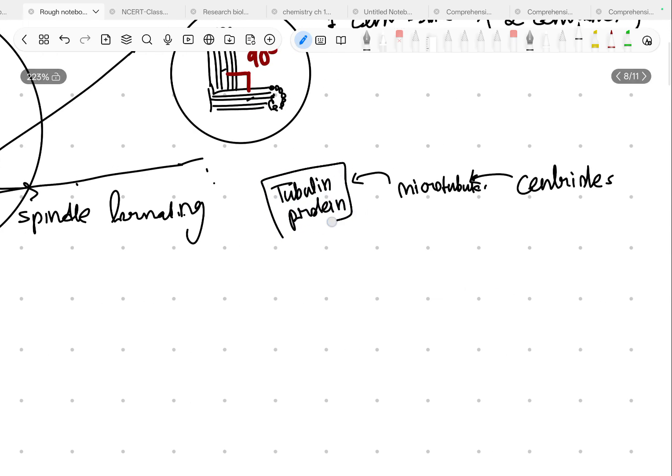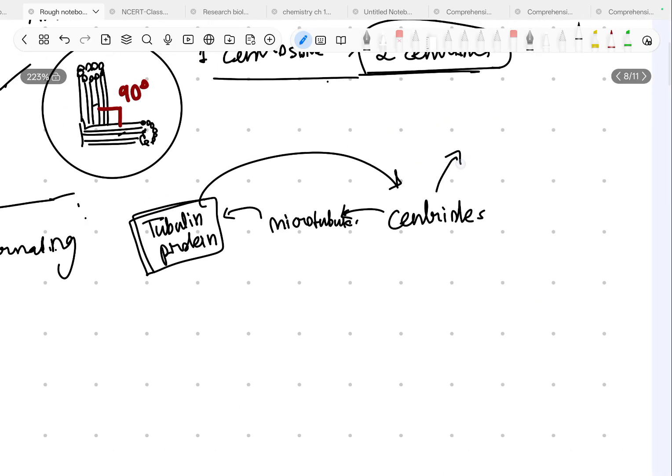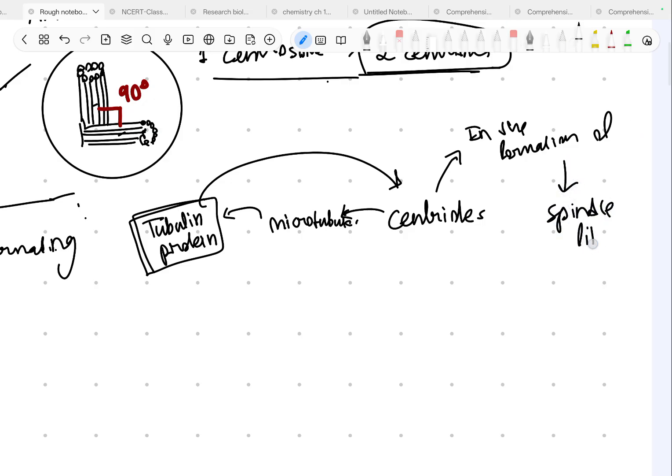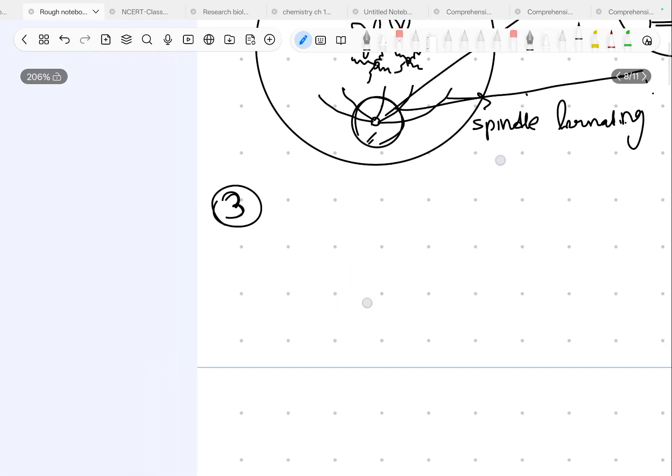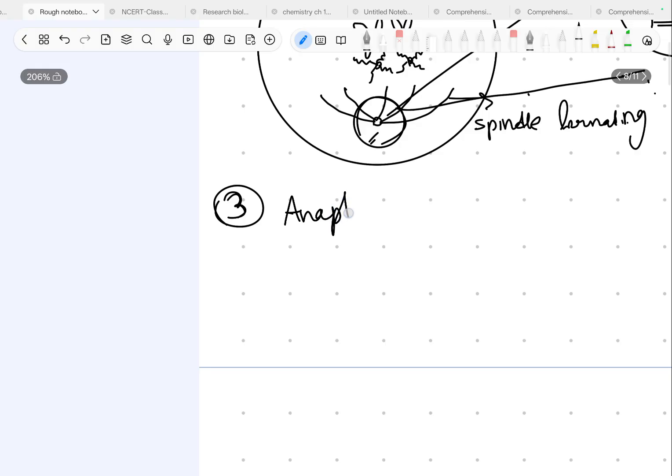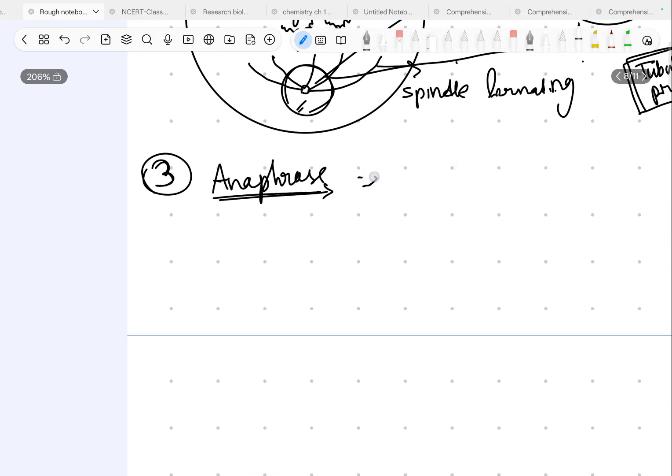The presence of this tubulin protein in the centriole helps in the formation of spindle fibers. Like this, the spindle fibers are formed. Here I have explained only briefly. Okay, let's move to the anaphase. In the anaphase, what you will see is the big split of chromosomes.